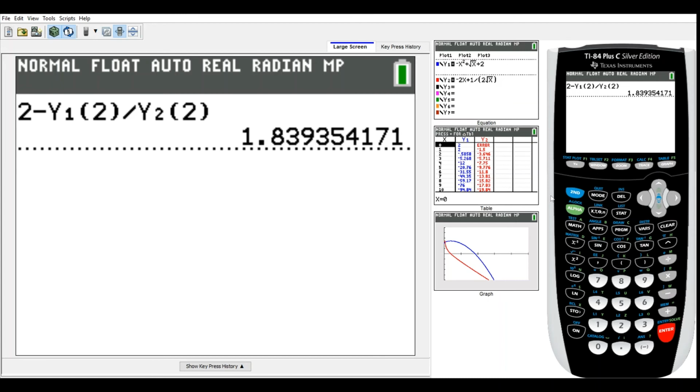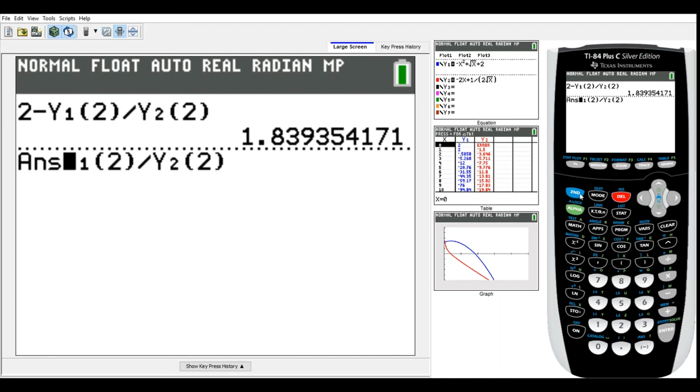Now if I want to compute, say, x3, I could hit second, enter. But this time, I just want to plug in the previous answer instead of 2. So second, and then the negative sign will give us ans. Let's try that one more time. My calculator's just running a little slow. There we go.